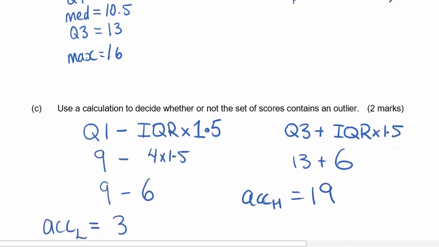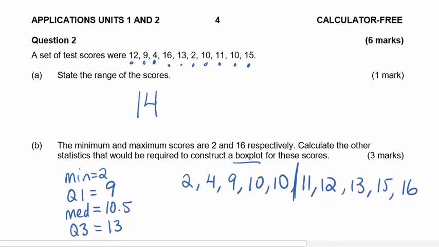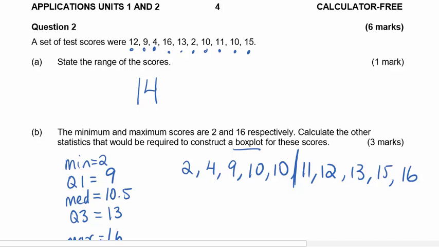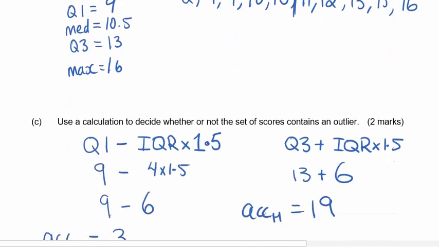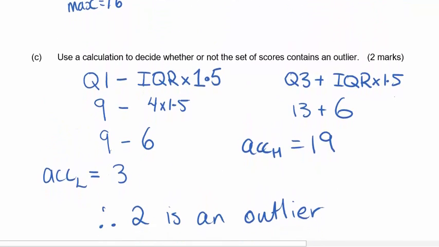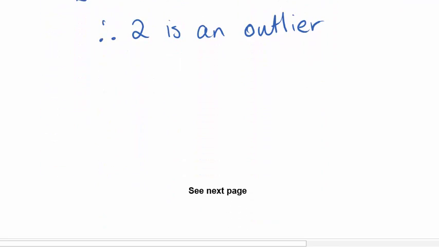And so then any of the values in our list outside of 3 through to 19, and we have 2 in there, so 2 is a mathematical outlier. So we need to make sure that we write that. End of question.